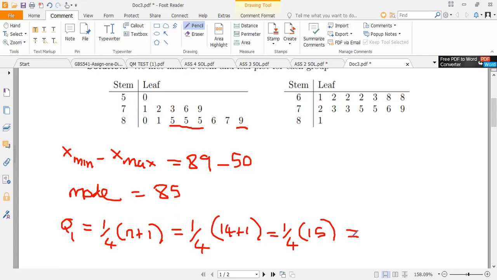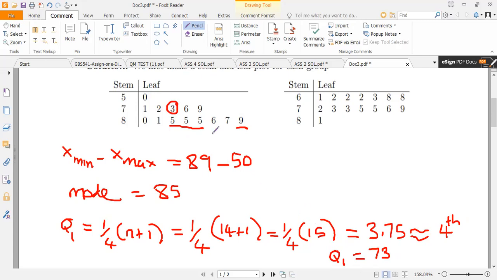What is a quarter of 15? 3.75. Is it? The nearest number, we're going to get the fourth number. So you count number 1, number 2, number 3, number 4. So this is called our lower quartile, or first quartile. What number is that? That number is 73. So our Q1 is 73.